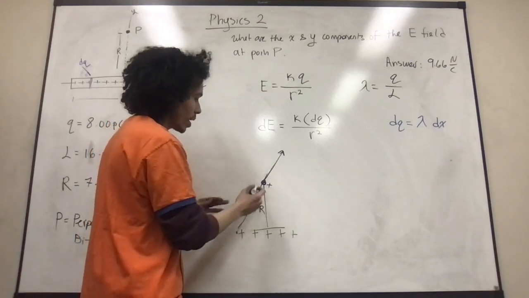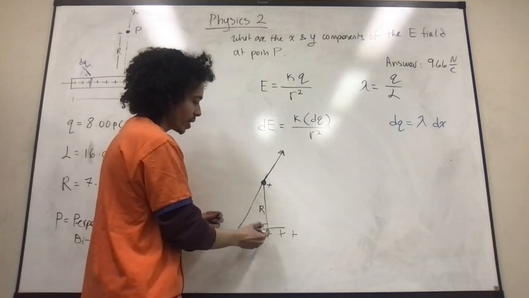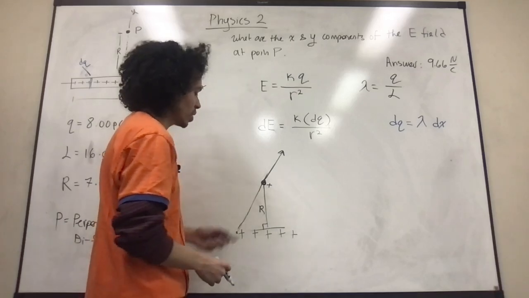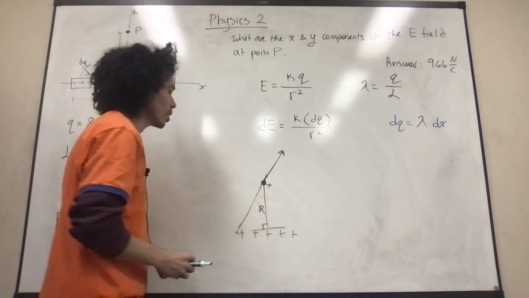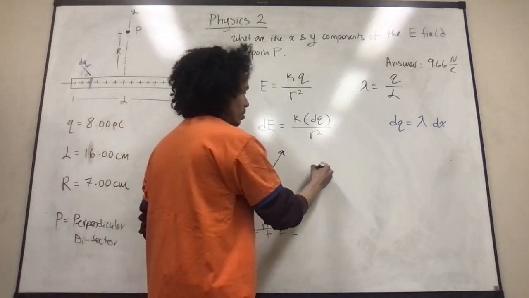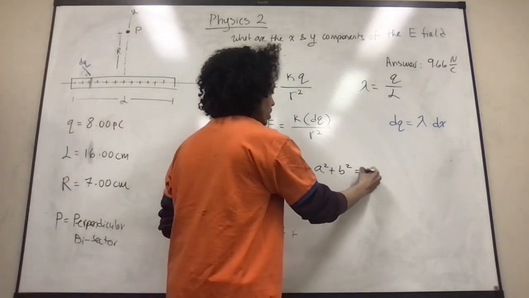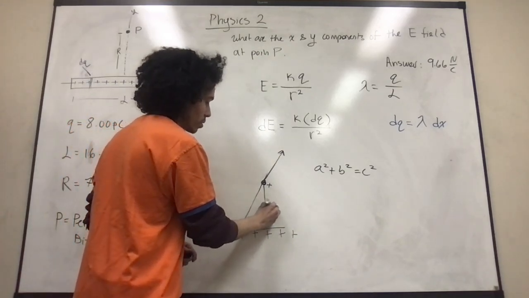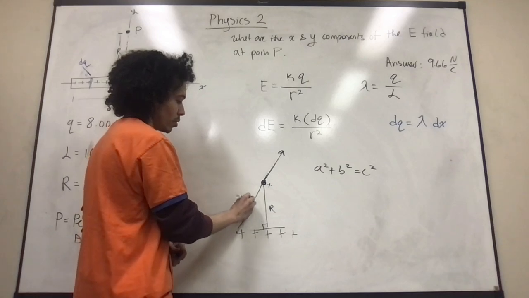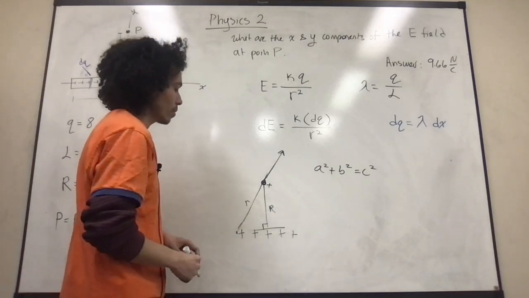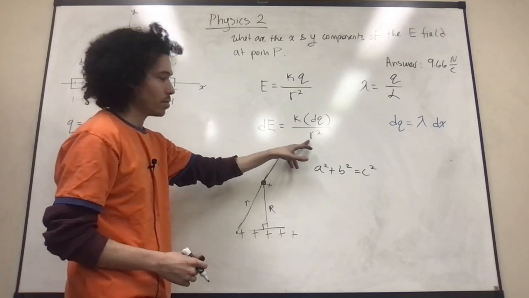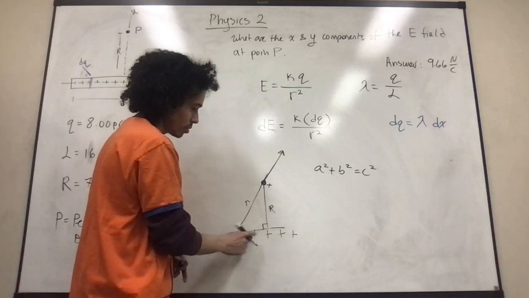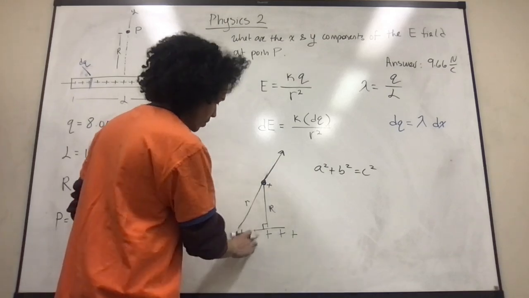So now we have a triangle, and this is a perpendicular bisector. It's 90 degrees, perpendicular to the rod. This is a right triangle. We can use Pythagoras' theorem: a squared plus b squared is equal to c squared. In this case, this side is our little r, and this bottom one is going to be x.